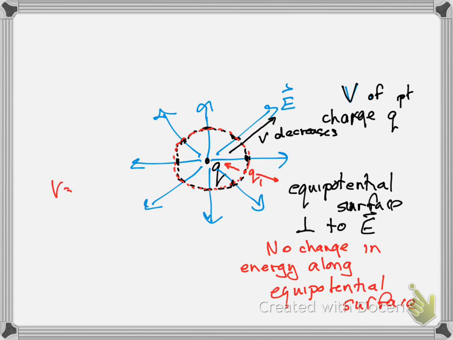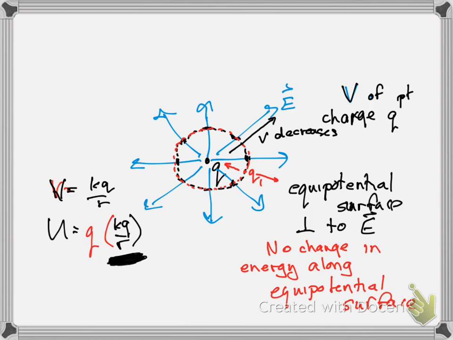In this case, V equals kQ over r of the black charge Q, and so therefore the potential energy U of the red charge Q only changes if you change the radius. Okay, let me go back to the slightly easier to deal with constant field.